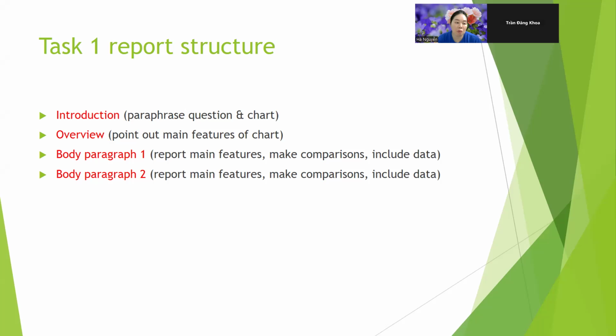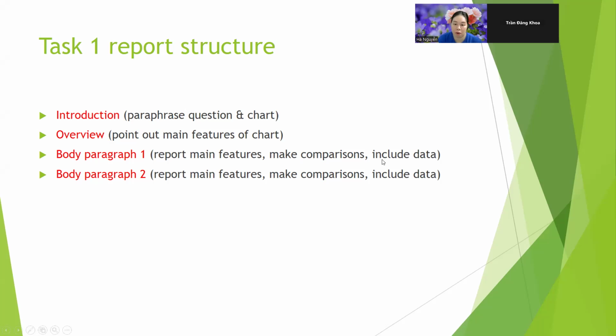Now, after the overview, after pointing out the main features, you must report it in some detail. That's why normally we divide the body paragraphs into two. So body 1, body 2. You use the same paragraph structure as a standard academic paragraph, with a topic sentence and supporting sentences. For the topic sentence, you report the main feature. And if there are comparisons, you make them.